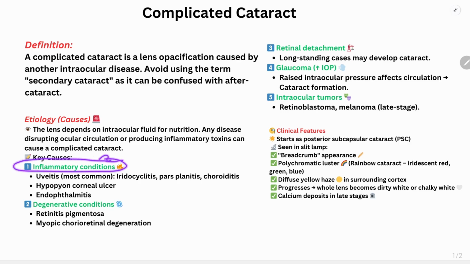Inflammatory conditions. Okay, for example, uveitis, which is most common. The diseases that come under it are iridocyclitis, pars planitis, and choroiditis. So these cause complicated cataract, and also hypopyon corneal ulcers and endophthalmitis. Endophthalmitis is nothing but deep tissue involvement in inflammation.